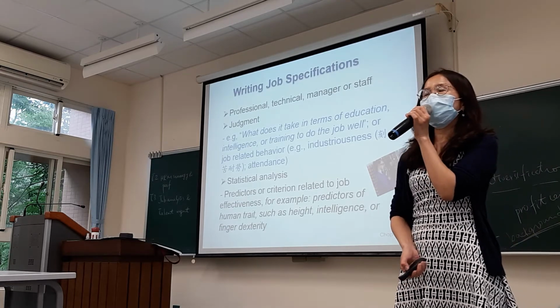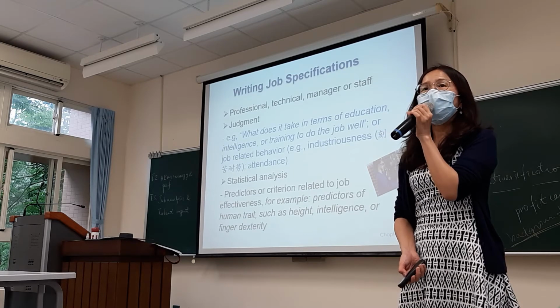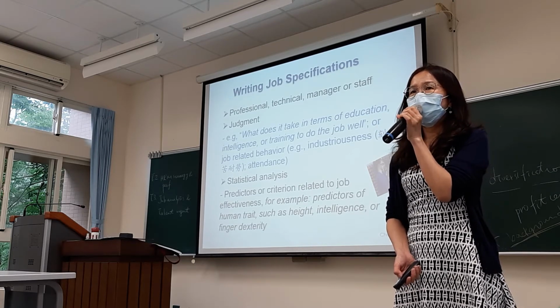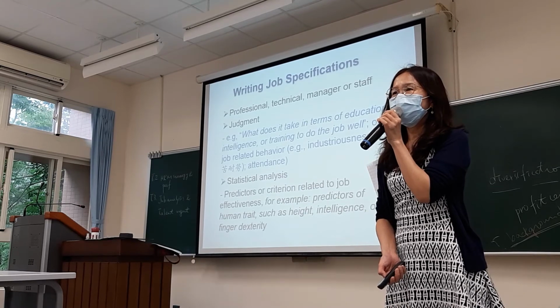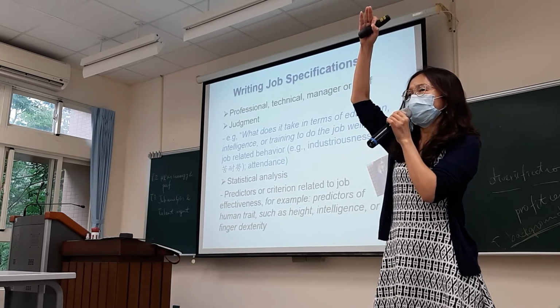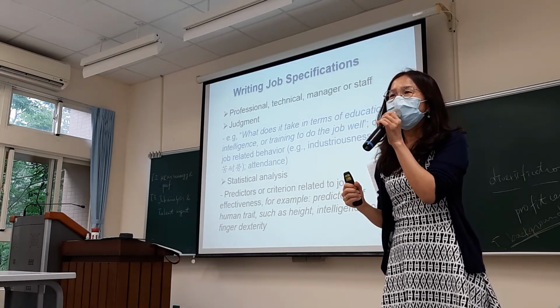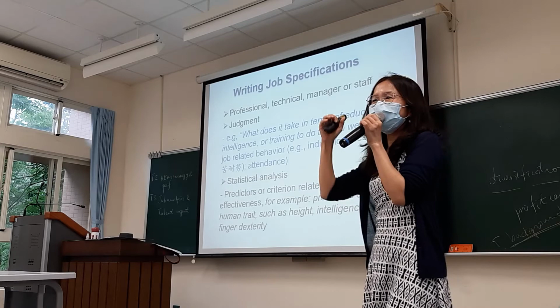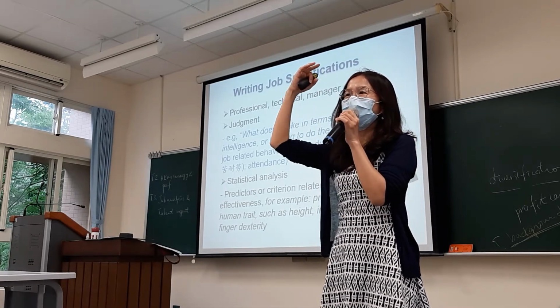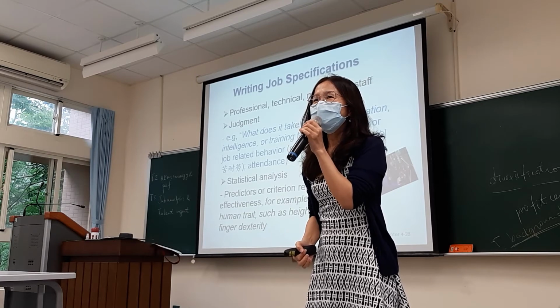For example, if you want to apply for being a flight attendant, what would be important? License. Yeah, the height. Do you know why? Because they want to pick the lady that's tall, and then they're more cute. Is that the reason?